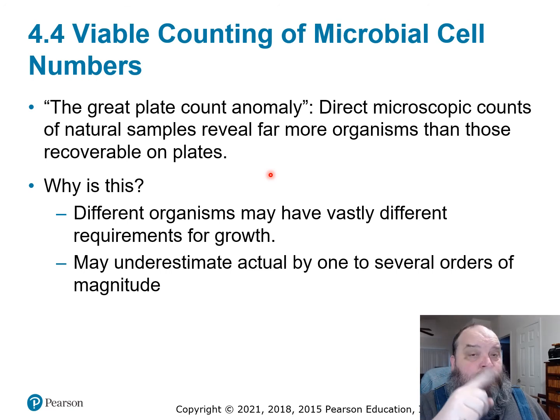The drawback for the plating, whether it's the spread plate or the pour plate, is that some of the microbes that are present can't grow on that agar. Other ones can, but not all of them can. You're going to distort your numbers, skew your numbers one way. So when it comes down to it, there are pros and cons for both direct or viable cell counts.